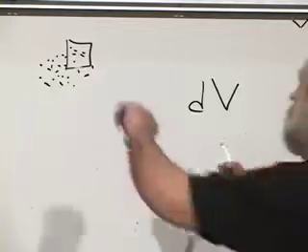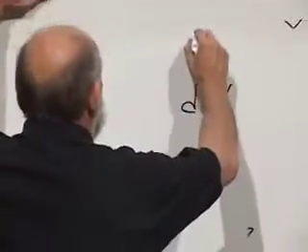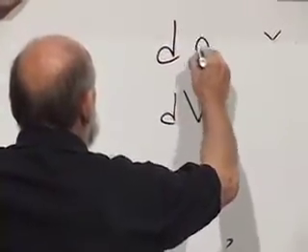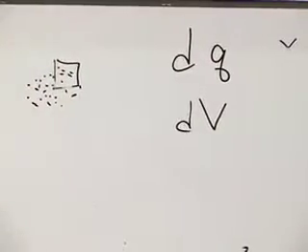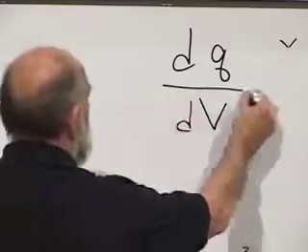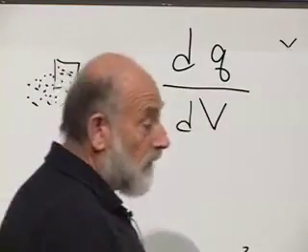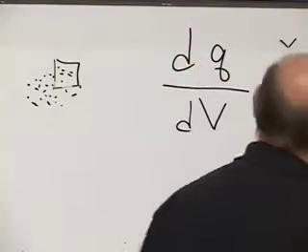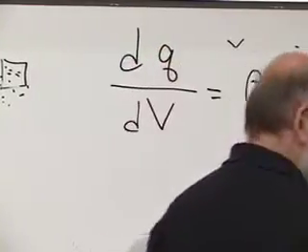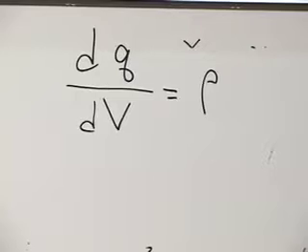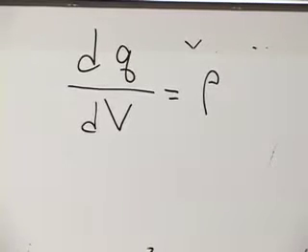But the ratio, let's call the amount of charge in there dQ, a small charge in a small volume, and the ratio of the amount of charge per unit volume is called the density.